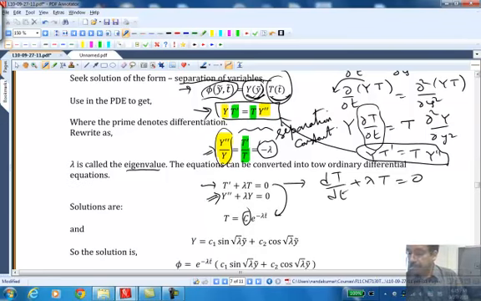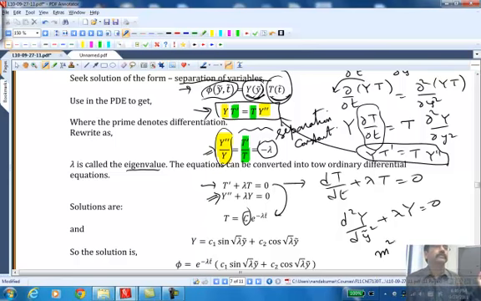The second equation is a second order equation. How do you solve that? You remember? That equation is d squared Y by dy squared plus lambda Y equal to 0. It's a linear ordinary differential equation with constant coefficients. Lambda is a constant. So you can write the characteristic equation as m squared plus lambda equal to 0.